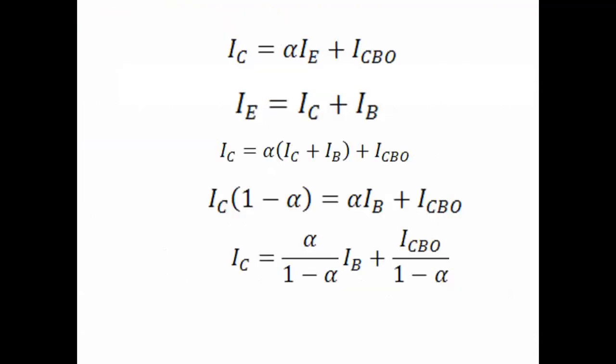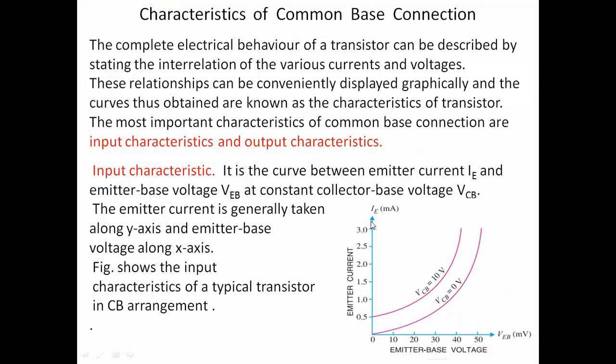If we consider the input characteristics, we will increase the VEB, and the corresponding IE current will be noted when the VCB is constant. So we will note down the IE current for increasing VEB. If we consider this waveform, when VCB is 0, the IE current increases in this way as the VEB voltage increases from 0 to 50.